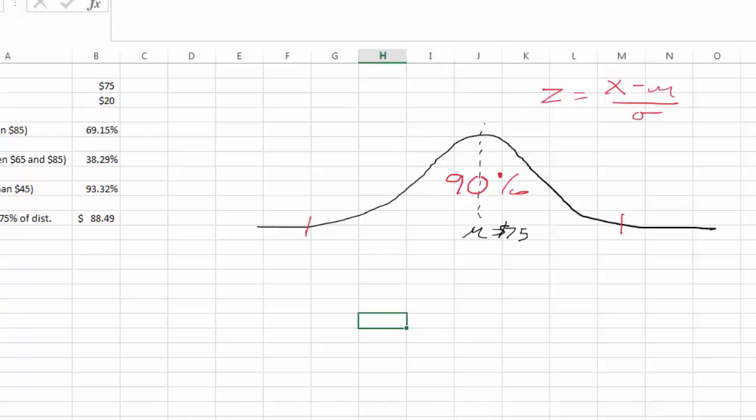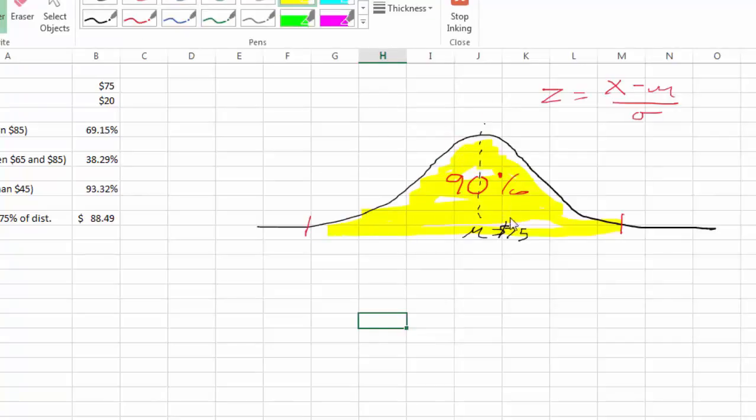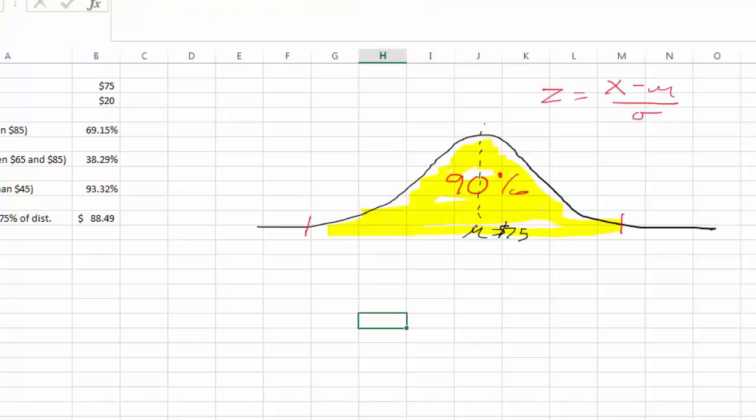But we need dollar values. So how are we going to figure this out? We're looking for this cumulative area between those values. Well, what do I know about 90%? I know that my mean is 50%, right?